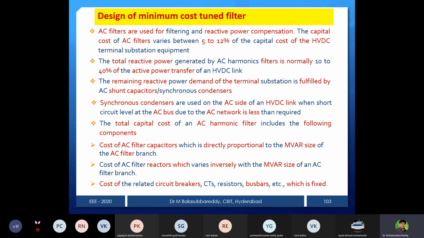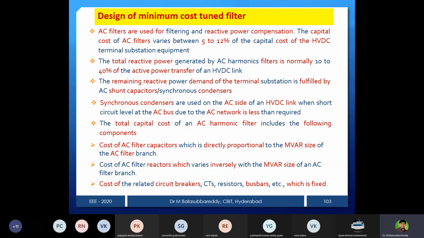One is the cost of the AC filter capacitor, because in our tuned filter, as we observed in the previous lecture, there is an L and C in series with the resistor. That is the single tuned filter, and there is a double tuned also. Rather than using two single tuned filters, you can use directly a double tuned filter as well.